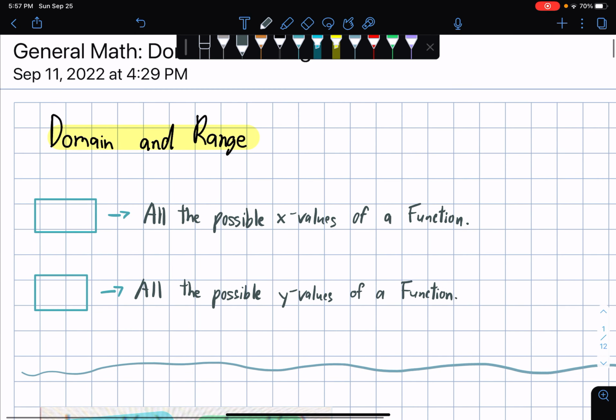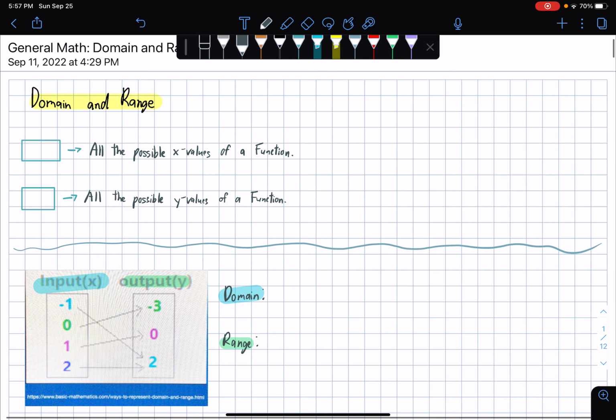For domain and range, let's see. All the possible x values of a function. What refers to this statement? All x values. So in a table, we have x, y. So this is what we refer to. The x values are written here.